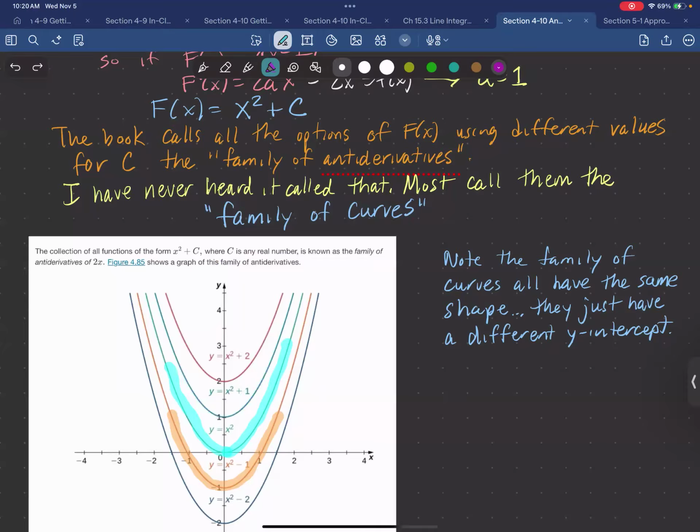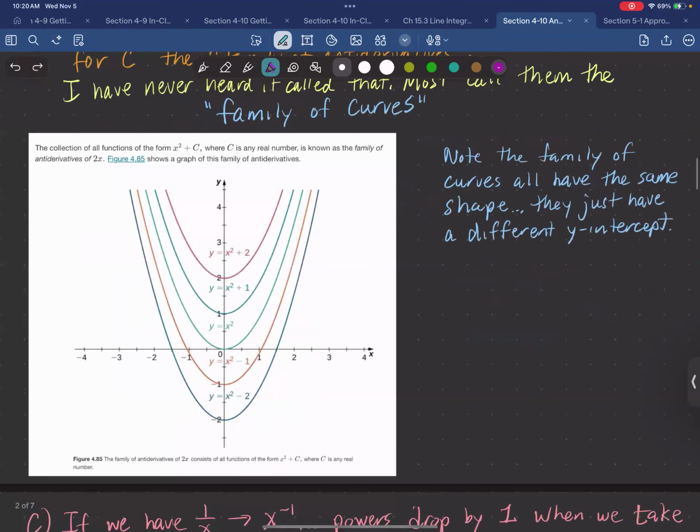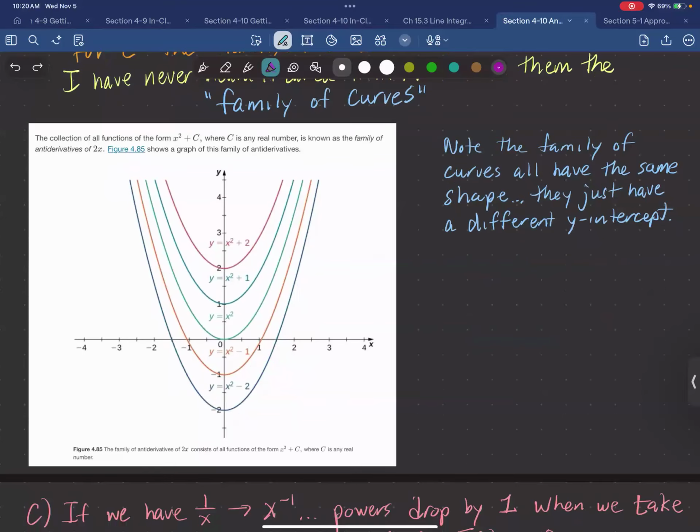We had 1 over x. So if I rewrite 1 over x as x to the negative 1, it should mean I started off with something that was 1 higher. Remember we did that? We went 1 higher. And so 1 higher than negative 1 would have been x to the 0. Okay? And I have that written down here.